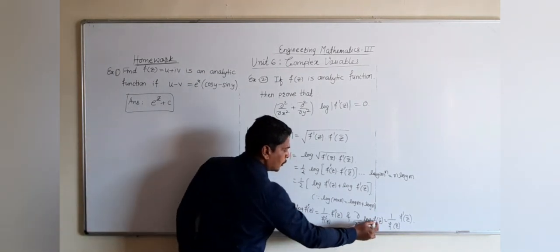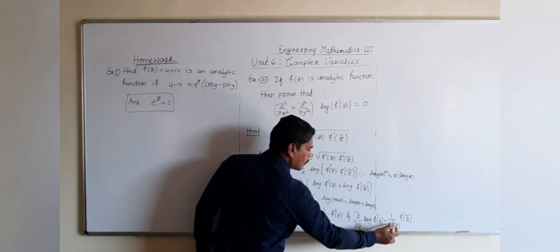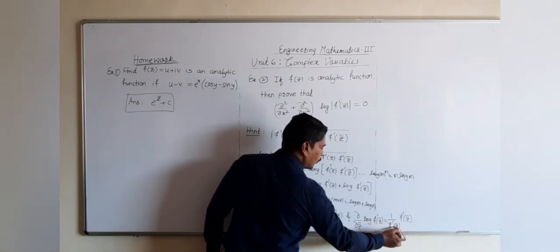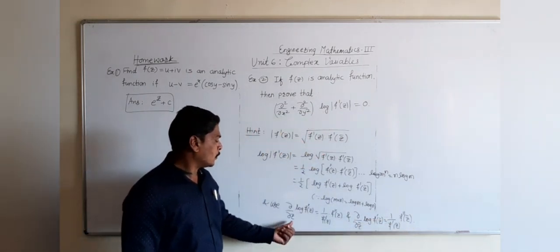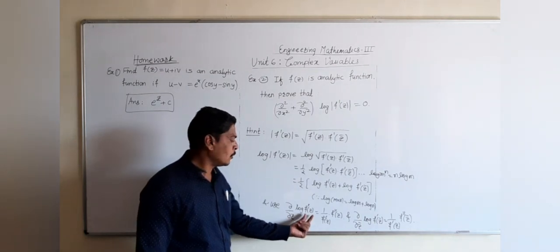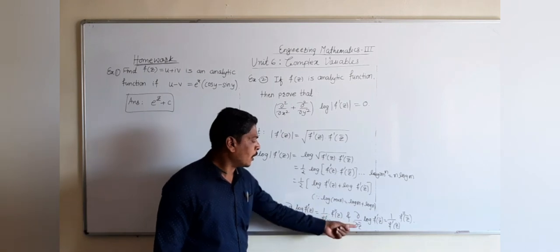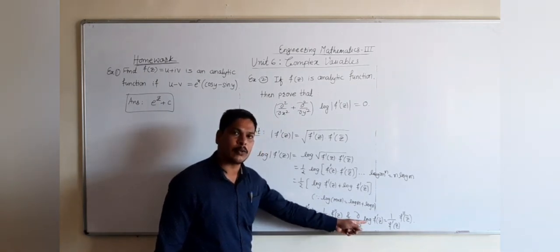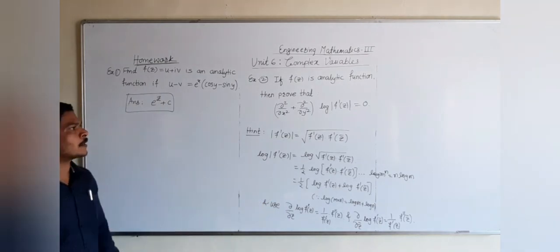Similarly, partial derivative of log of f'(z bar) becomes 1 upon f'(z bar) into derivative of f'(z bar) is f''(z bar). So take care of that. Here we are differentiating with respect to z of function log of f'(z), and here we are differentiating with respect to z bar. Okay, and then we can easily solve this example.